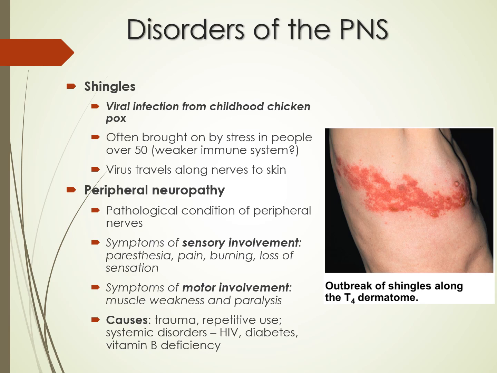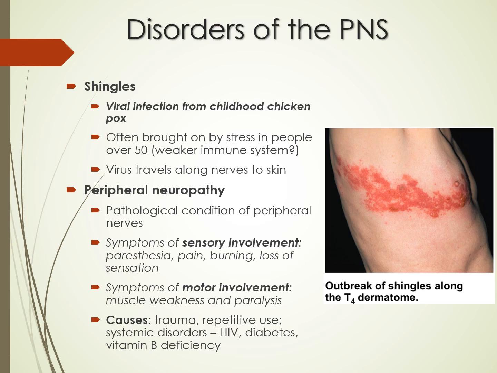So then we have peripheral neuropathy, excuse me. So this can be fairly common as well, just depending on the cause. But essentially it can either affect sensory or motor involvement. So you can either have some decreased sensation or paresthesia, burning, pain as well in your peripheral nerves.